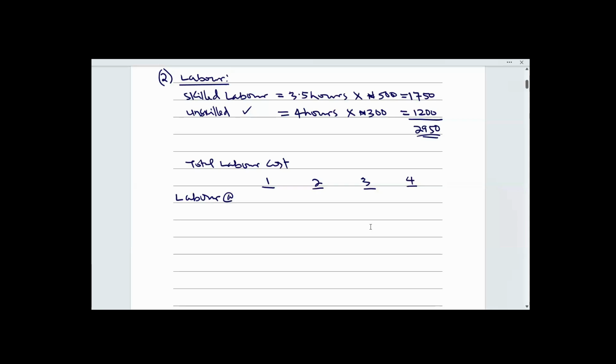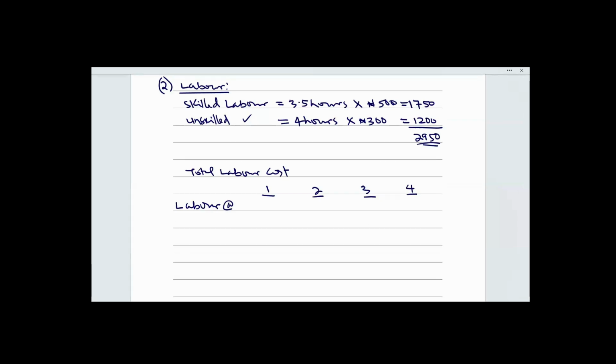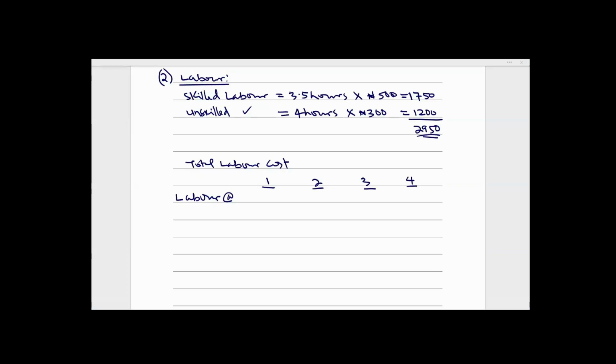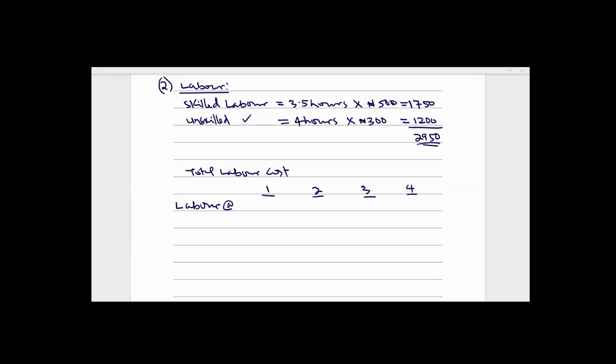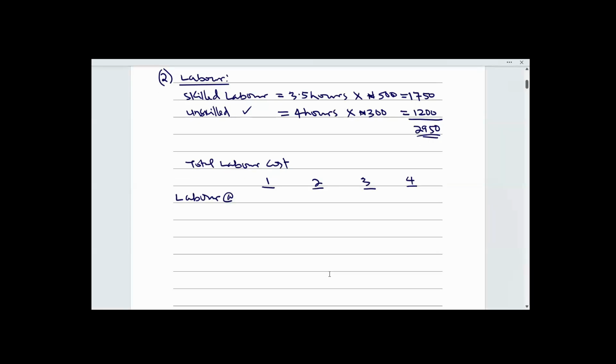According to the question, in the same paragraph where you have the selling price, examiner has told us that wage and salary costs are expected to increase by 7% per year, and all other costs, including rents, by 5% per year. So what that means is that all the variables you are given in this question will increase by 5%, except labor cost, which will increase by 7%.